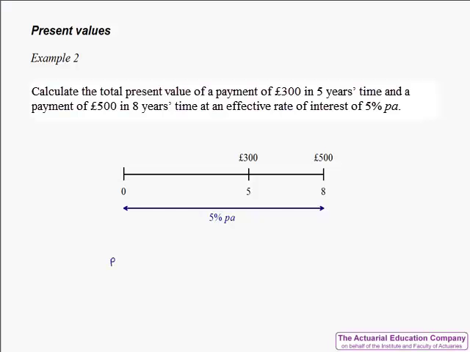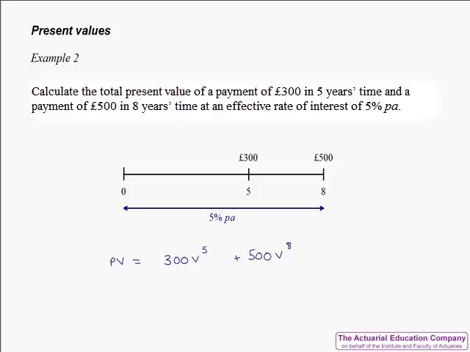So we require the present value. We have £300 in 5 years' time, so we need to discount that over 5 years. We multiply by our effective discount factor, v to the 5. We also have a payment of £500 in 8 years' time, so the present value of that will be 500 v to the 8.